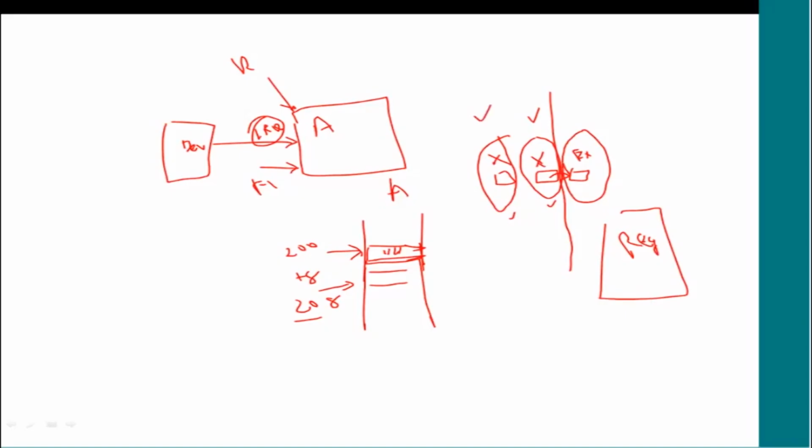Because suppose the processor decides to process the interrupt in the middle of execution. The execution could be an LDM or STM, right? That is the maximum cycle it takes, multiple register load or multiple register store. The ARM is interacting with the memory and trying to load or store some values.